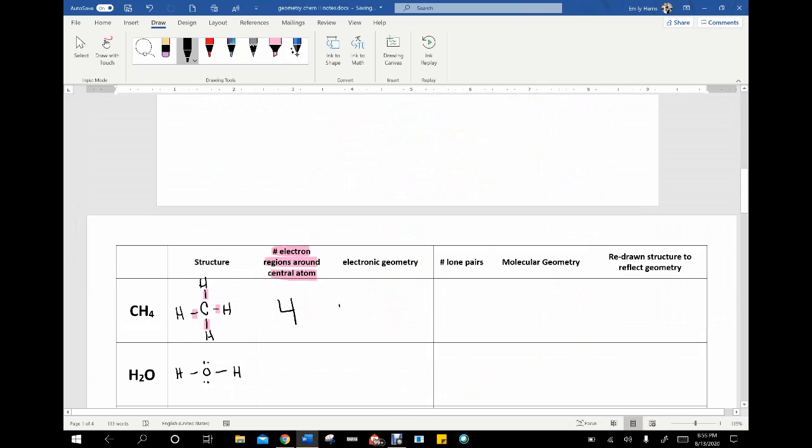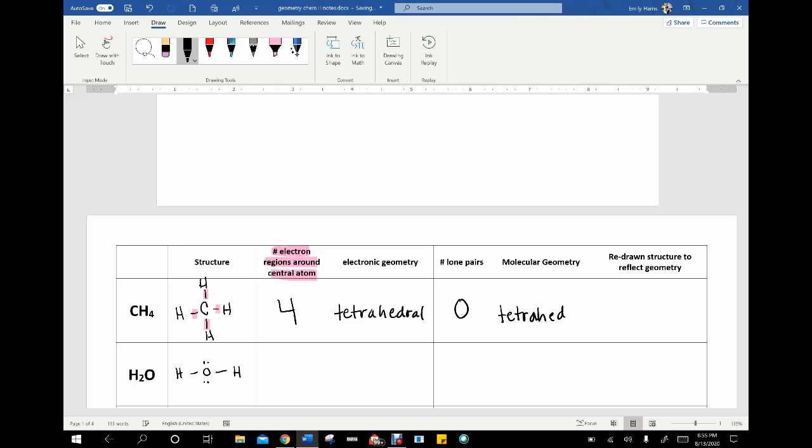So electronically, this is a tetrahedral molecule. Now, it's getting us to think, do we have any lone pairs that are going to affect the shape? We have no lone pairs, so that means the molecular geometry will remain tetrahedral.